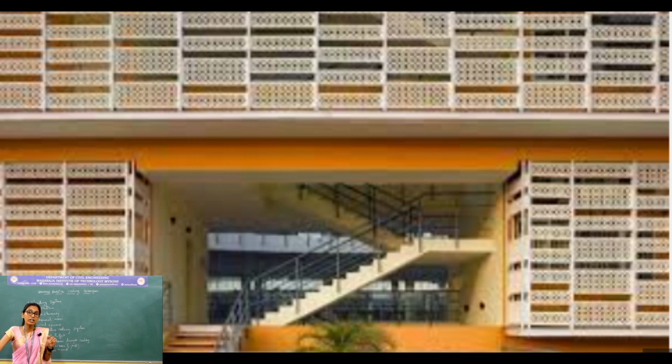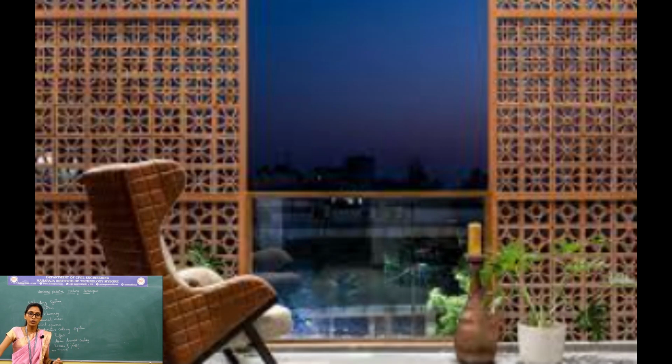And here we are speaking about the passive solar system, right? So, what is going to happen? Obviously, privacy is going to be provided for a particular building, along with good ventilation and a good view towards the outer environment from the inside.